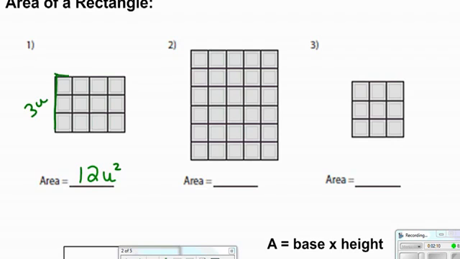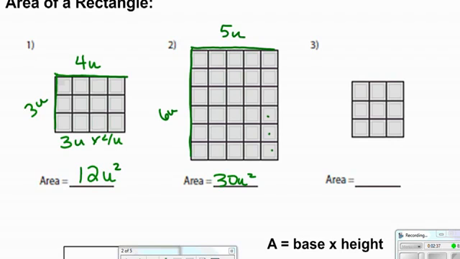If you have 3 units by 4 units, 3 times 4, you get 12 units squared of area. If we look at the second shape, we counted 1, 2, 3, 4, 5, 10, 15, 20, 25, 30, an area of 30 units squared, or 6 units by 5 units. So 6 units by 5 units gives us 30 units squared.